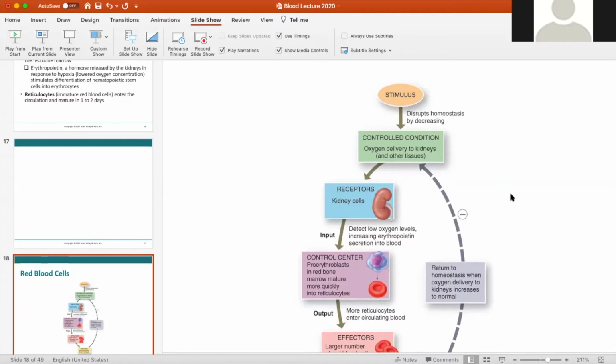Just type in what would happen if somebody was on, let's say, dialysis, which is when the kidneys are not working properly and we have to have a machine that's functioning for them. How would that affect the red blood cells? Like what's going to happen there? Just in your mind from what you've learned, just type me a really quick message.